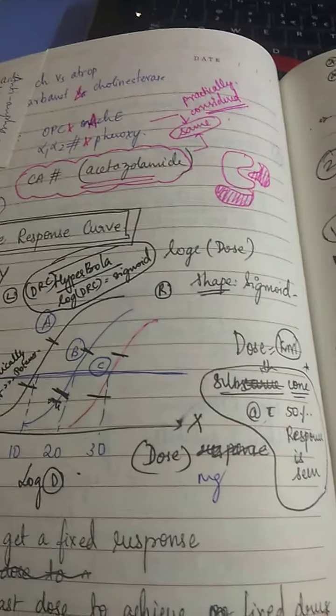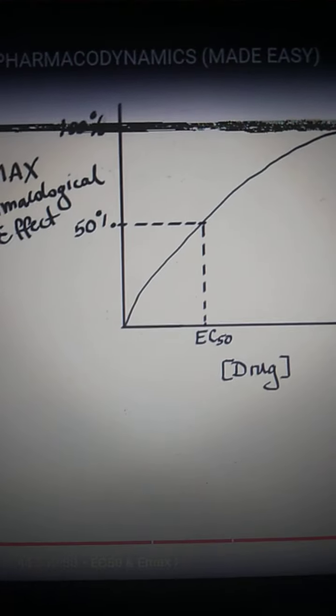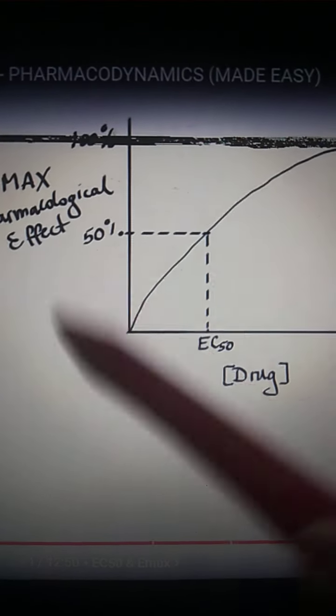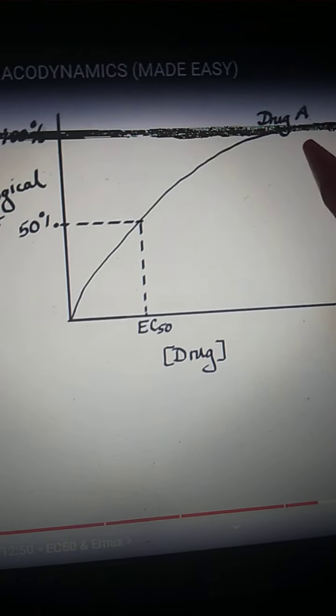Okay, next we'll talk about the dose response curve. The dose response curve is basically the amount and concentration of the drug which is given, against the maximal pharmacological effect. We have a lot of receptors in the body.